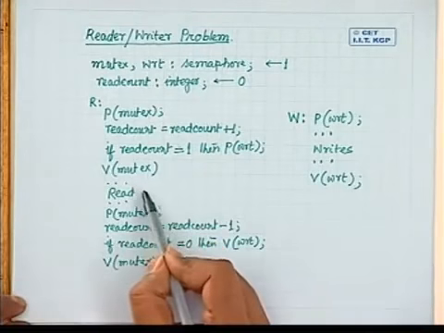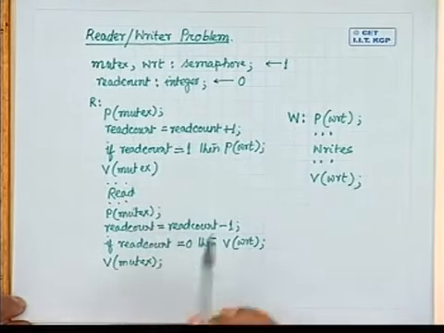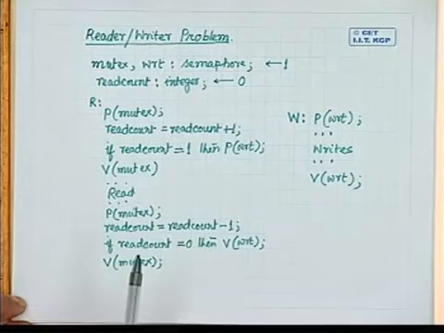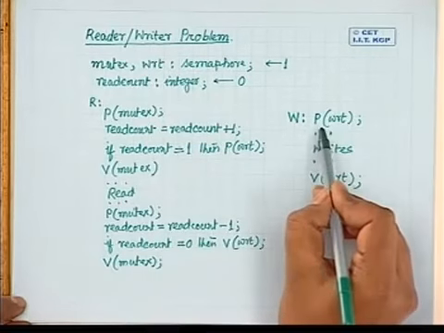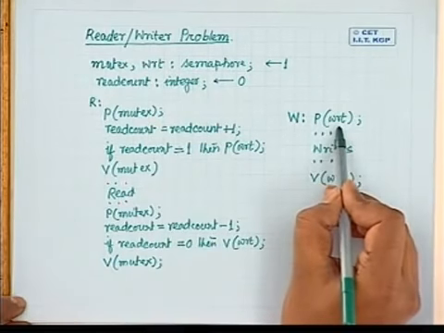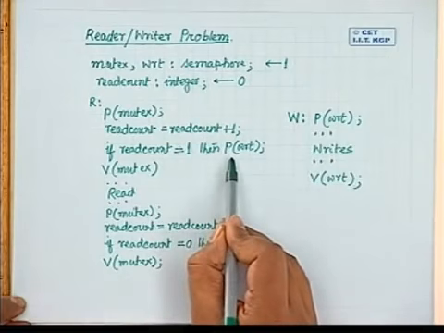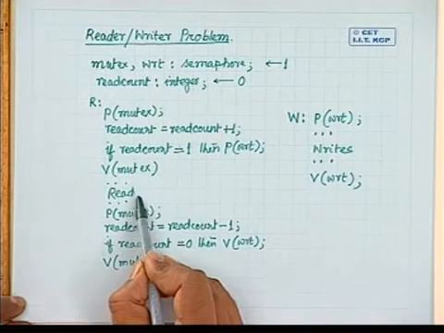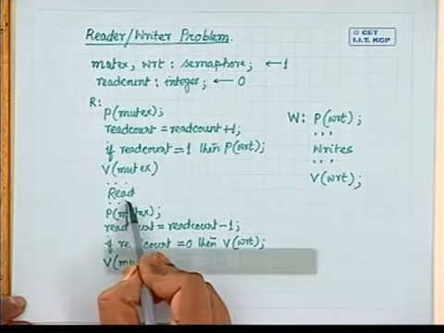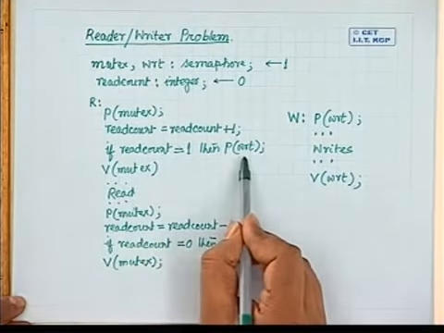Okay. Now, what happens if at this point any writer process wants to access the file? So, the code for the writer process is like this. The writer process will perform p write operation. Here you find that the first reader process who has entered this critical region has performed a p write operation.